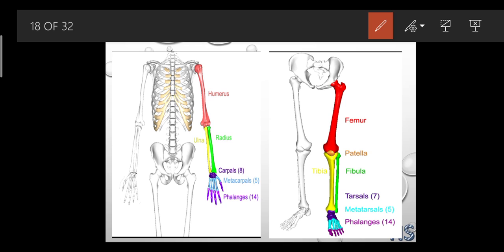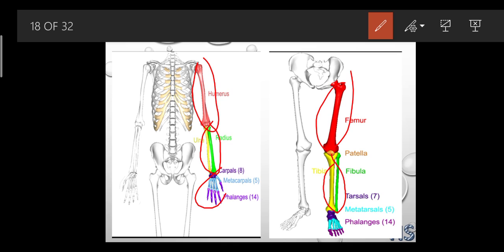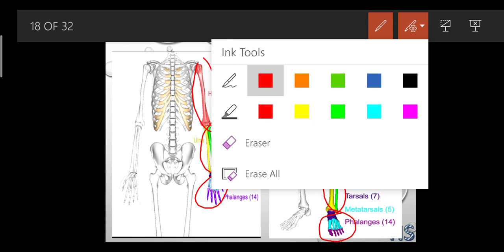The parts correspond to each other. See, as we had arms, so we have the thigh. As we had the forearm part, so we have the lower leg part, this region below the knee. As we have the fingers and all, here also we have the fingers and all. So the parts correspond to each other, so it becomes very easy for you to learn the names.